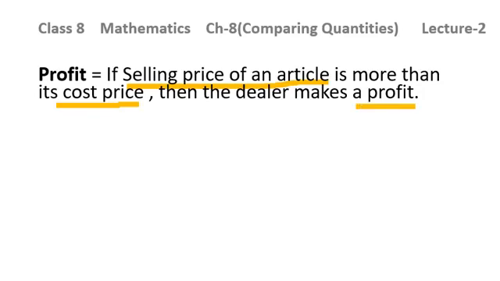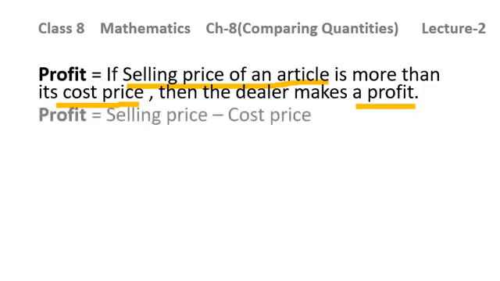For example, if you purchase an article for rupees 100 and sell it to someone for rupees 120, then the selling price is more than the cost price. You have purchased it for rupees 100 but sold it for rupees 120, so definitely you will have a profit. The profit will be 20 rupees. Simple as this. If the selling price of an article is more than its cost price, then the dealer makes a profit.